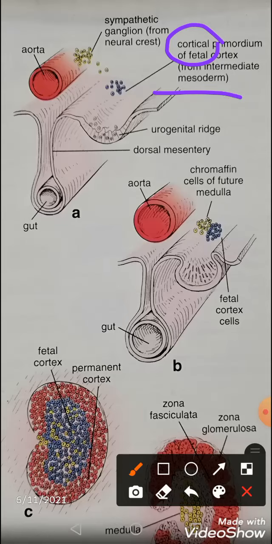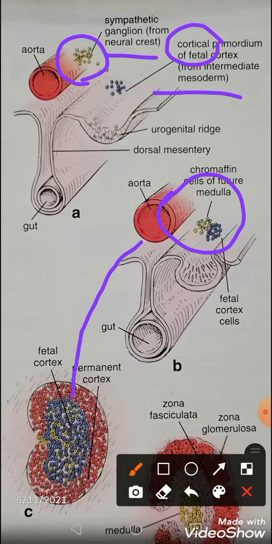And the adrenal medullary cells, or sympathetic ganglion, you would be observing, originate from the neural crest, right? They both fuse to form the single adrenal gland. And you can very well imagine how the fetal cortex is formed and is later replaced by the permanent adrenal cortex, right?